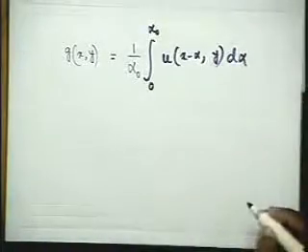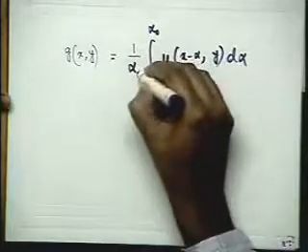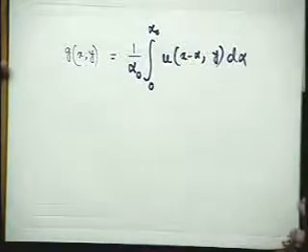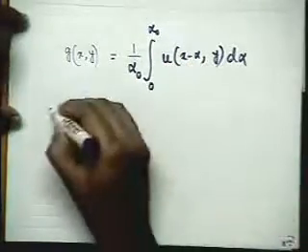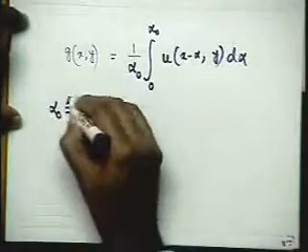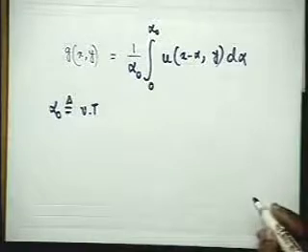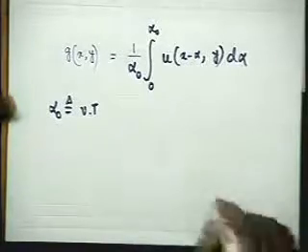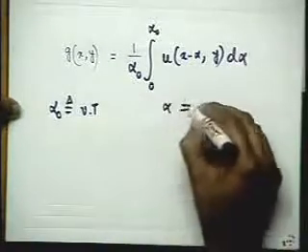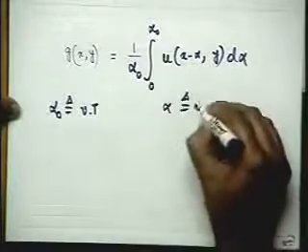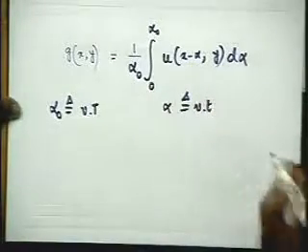This is exactly what we had got, where alpha 0 and alpha we had already defined. Alpha 0 was by definition equal to v into capital T, where capital T was the time of exposure, and alpha by definition was equal to v into small t.